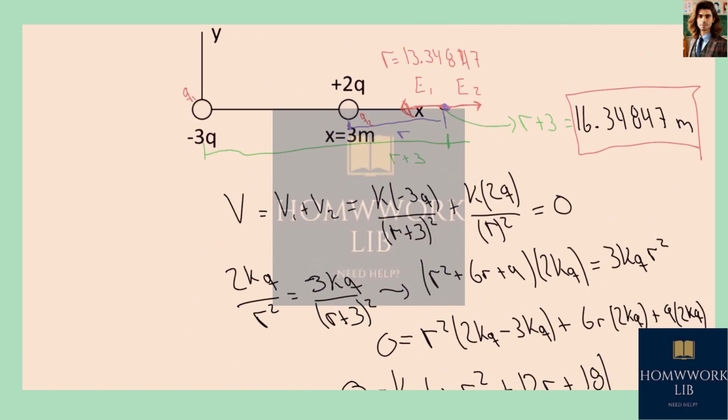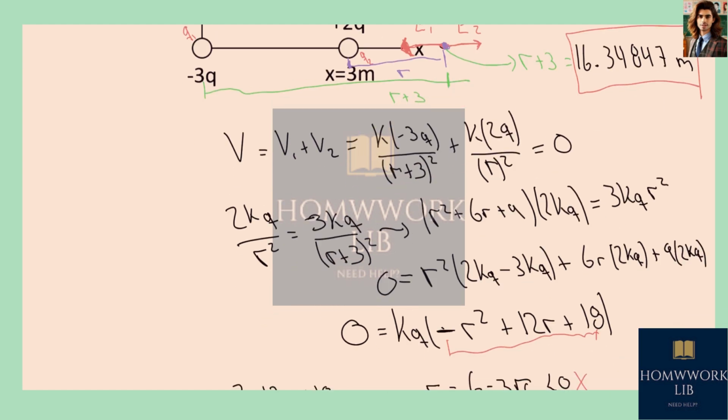So just to recap, first we sketched the direction of the electric field to know if the position should be in between the two charges, to the right or to the left. In this case, to the right seemed the most sensible choice. If you do it towards the left, you're going to find a very similar result. From here, on the x-axis, we employed the sum of the individual potentials to find an equation solving for r, the distance.